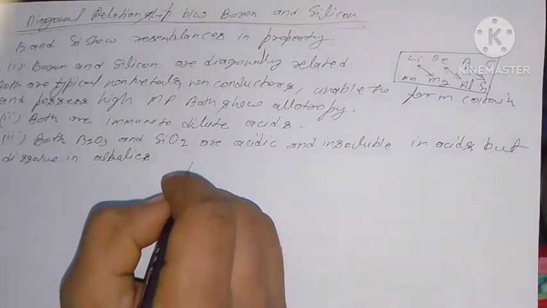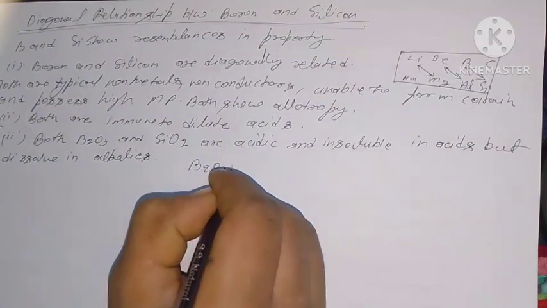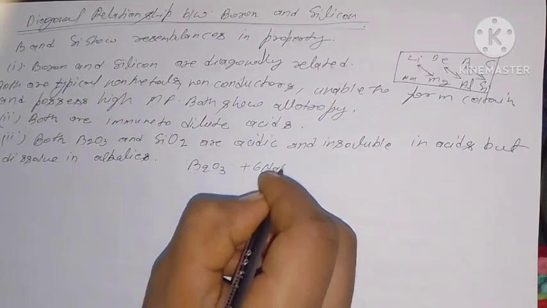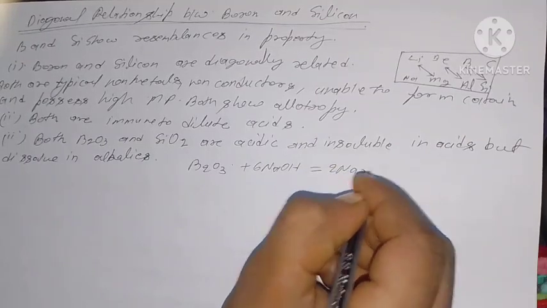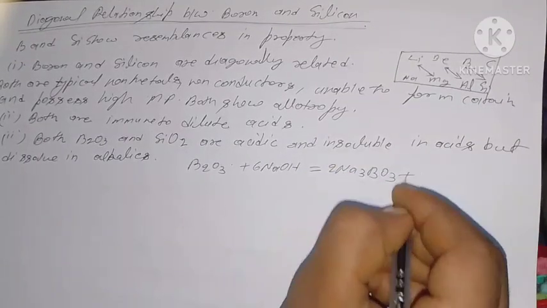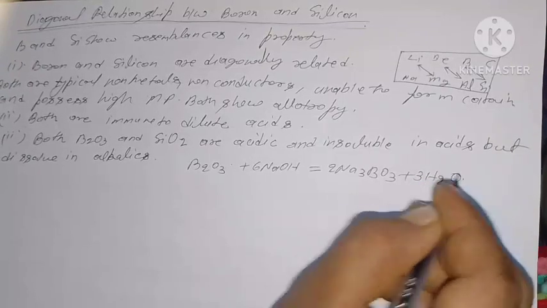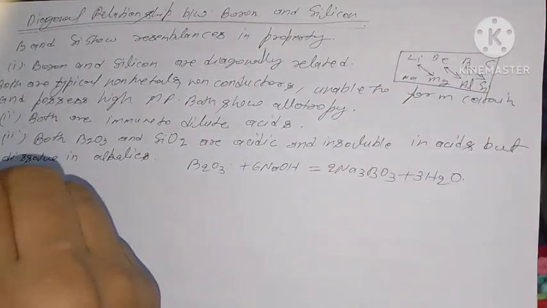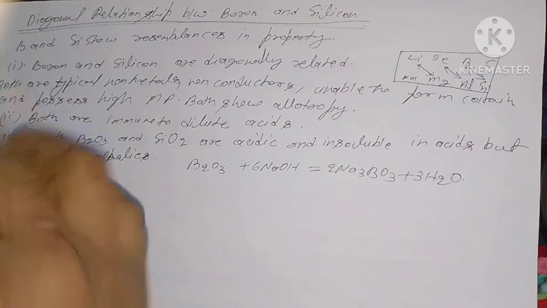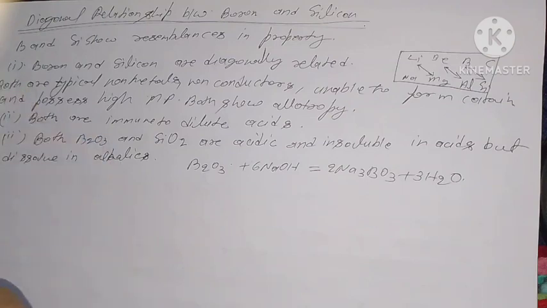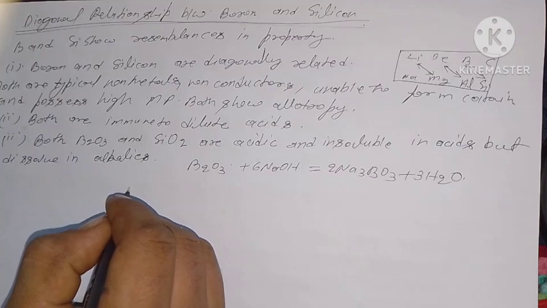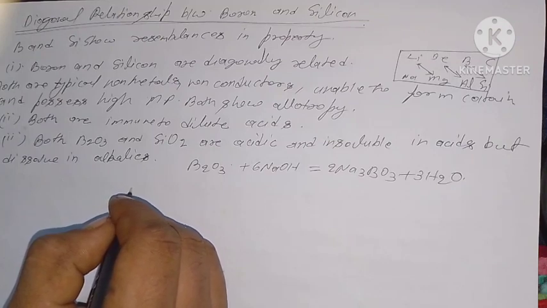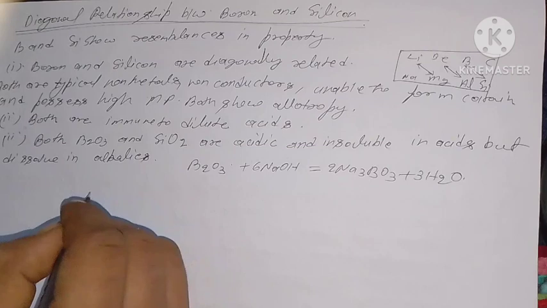B2O3 plus 6NaOH gives 2Na3BO3 plus 3H2O.